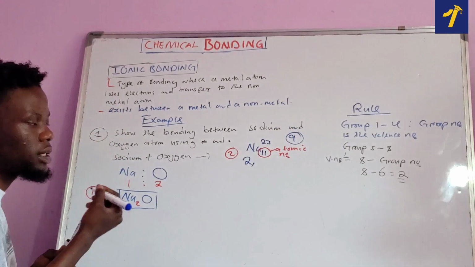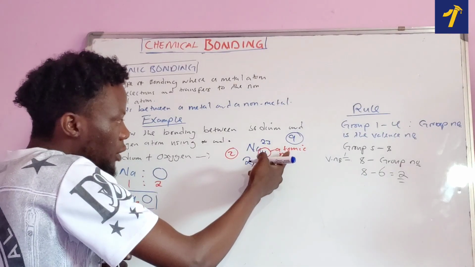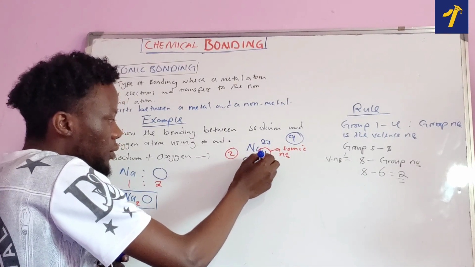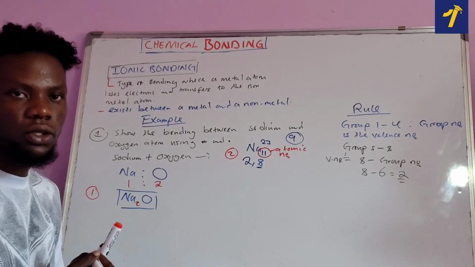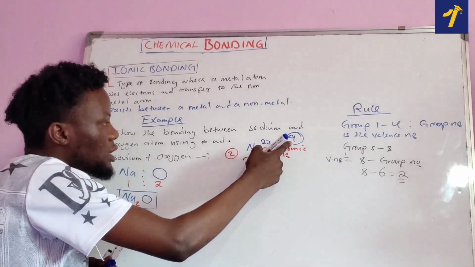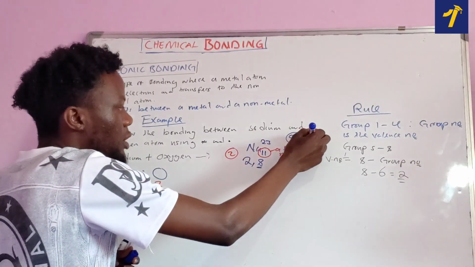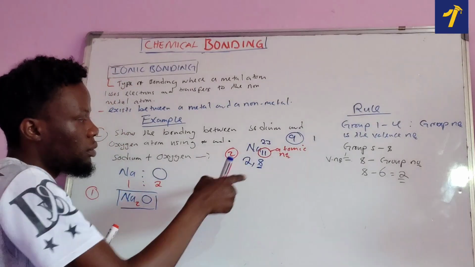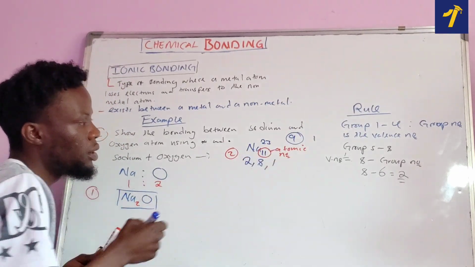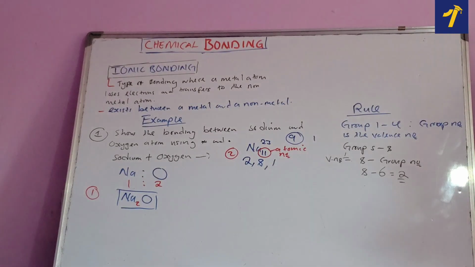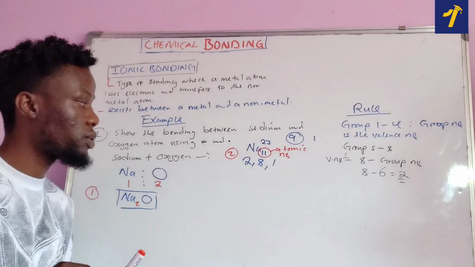If you remove 2, it is 9. So from 9 now, we can remove 8, because in the second shell we need to get about 8 electrons. So we remain with 1. Now that one that we have here, we can just put it there, so that now we have the electronic configuration for sodium.